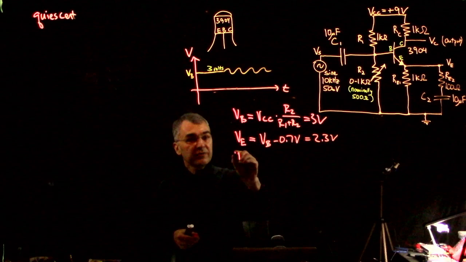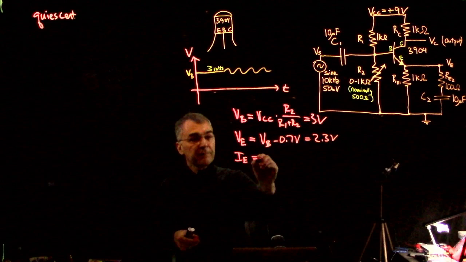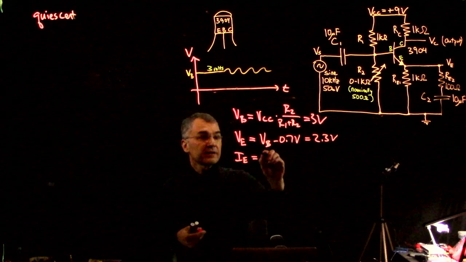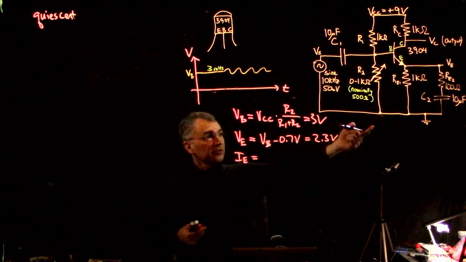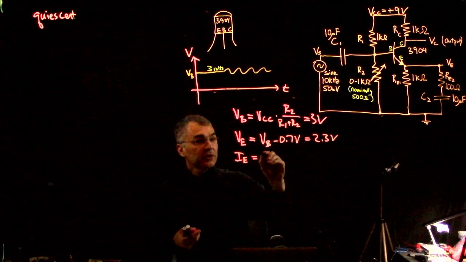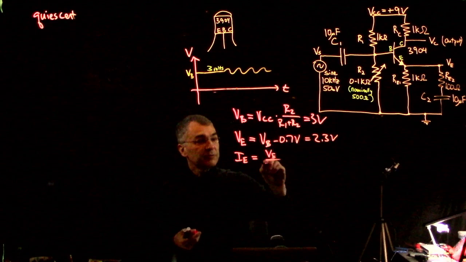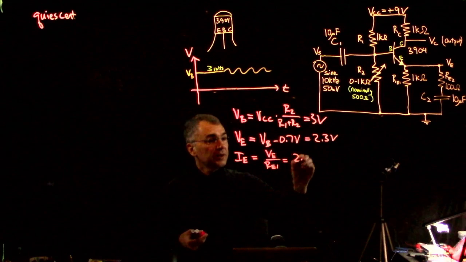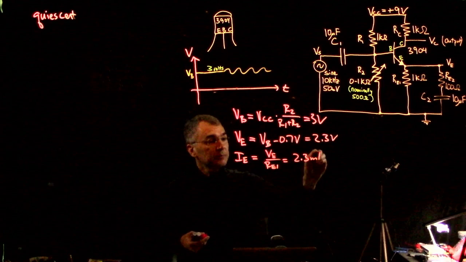The emitter current is VE divided by RE1, since the other end is ground and we don't need to subtract two voltages because the second voltage is 0. So that would be 2.3 milliamps.